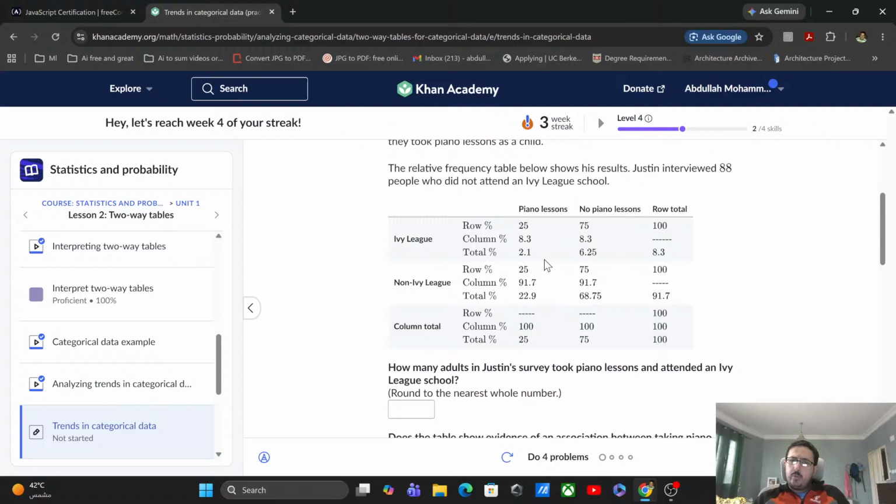So 2.1 plus 6, that's 8, 9. Let's say 9.